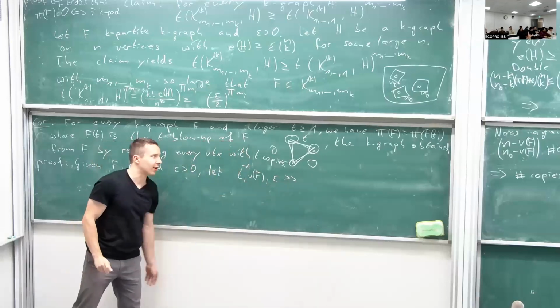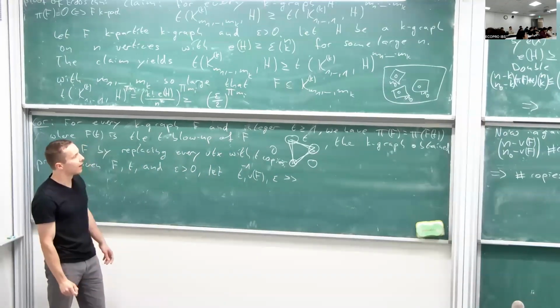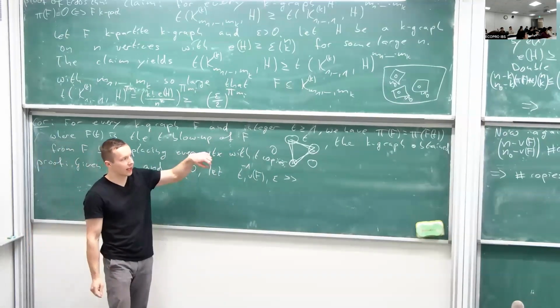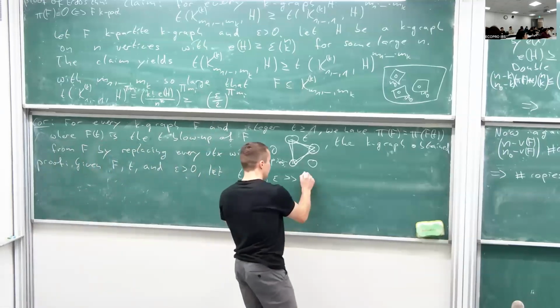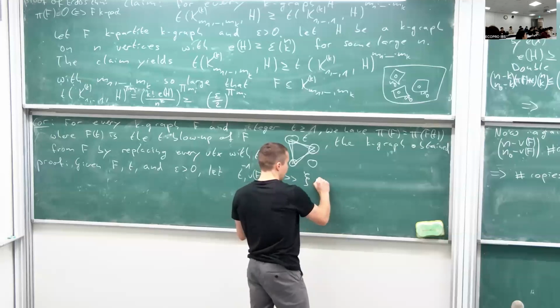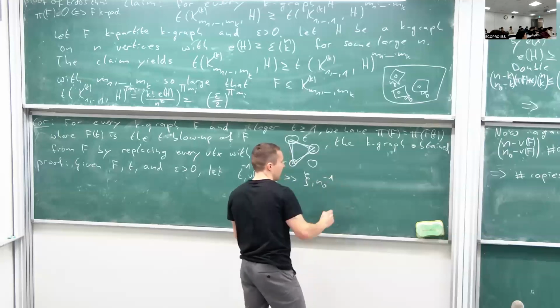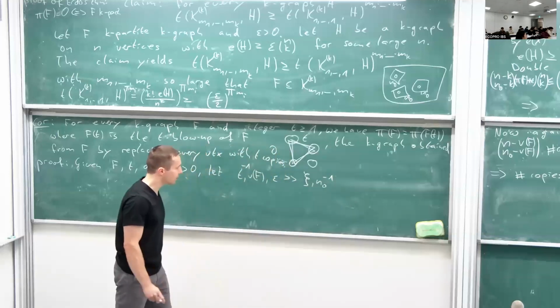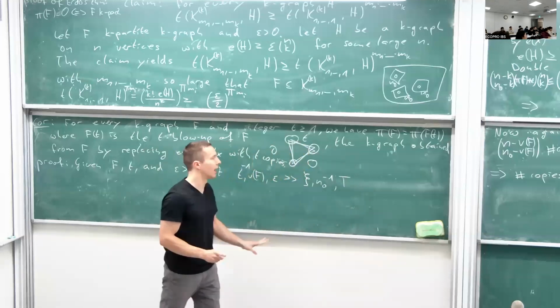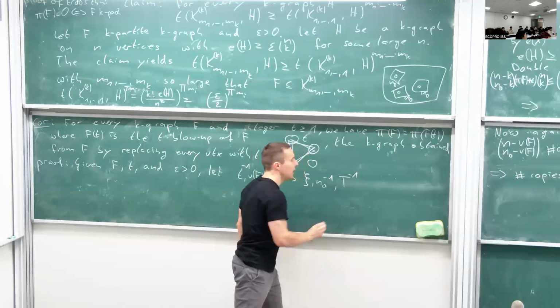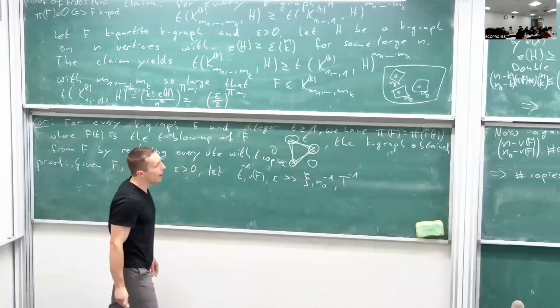These are our initial constants, and now we want to choose some n0 and some xi, which work with respect to supersaturation. So this xi and then some n0 should be much smaller. And here we also want to have maybe some capital T, which we will see in a moment.